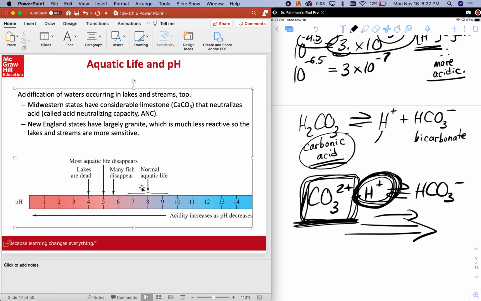So normal aquatic life is at maybe 7 to 8 on the pH scale. If you drop that down to 6 or just below 6, that's enough to have many species of fish disappearing. And by the time you get to a pH of 4, where you've cut it in half, then your lake is dead.